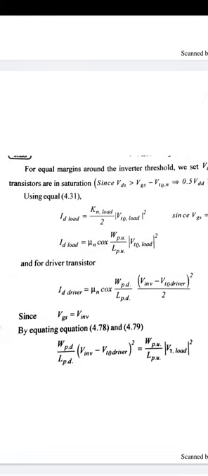In the condition of the saturation region, we put the values in the equation for ID load, the first one being the load transistor, the second one the driver transistor. For the saturation region, ID is beta by 2 times (VGS minus V threshold) whole square. When we put the gate to source voltage nearly equal to 0, we get ID load equal to Kn load divided by 2 times V threshold voltage whole square.